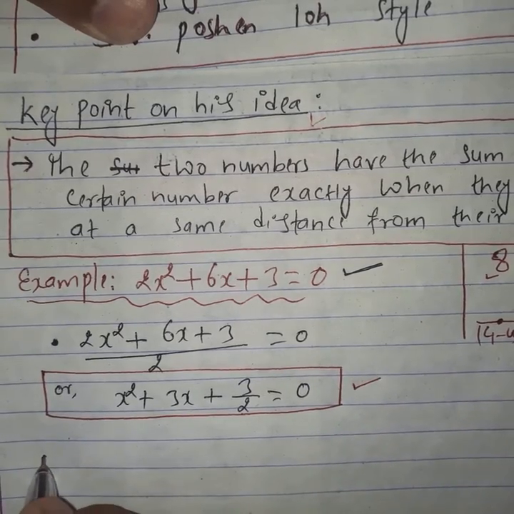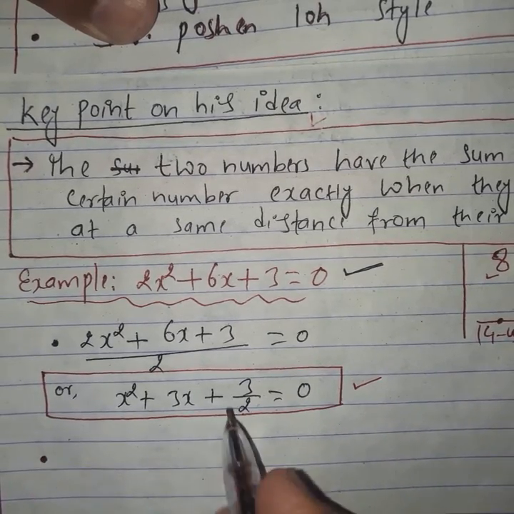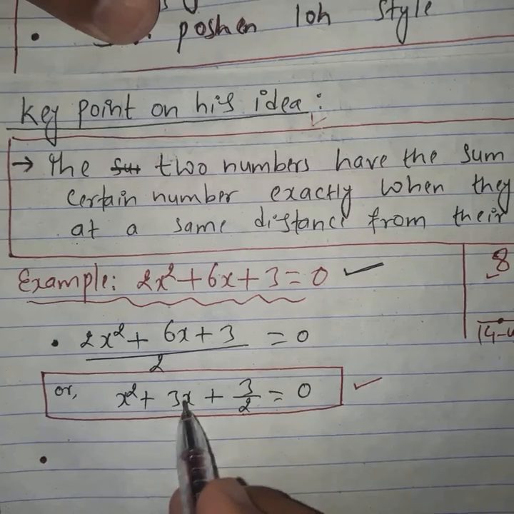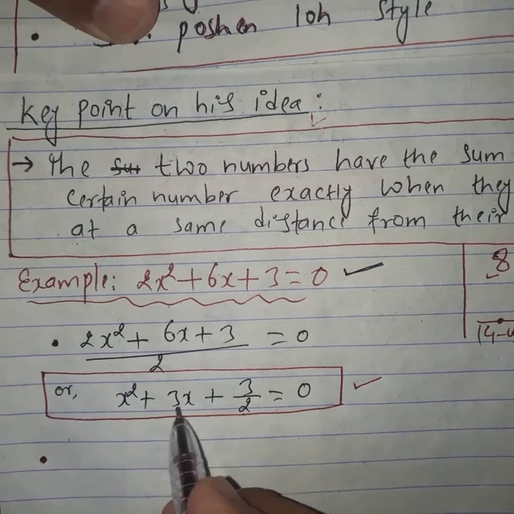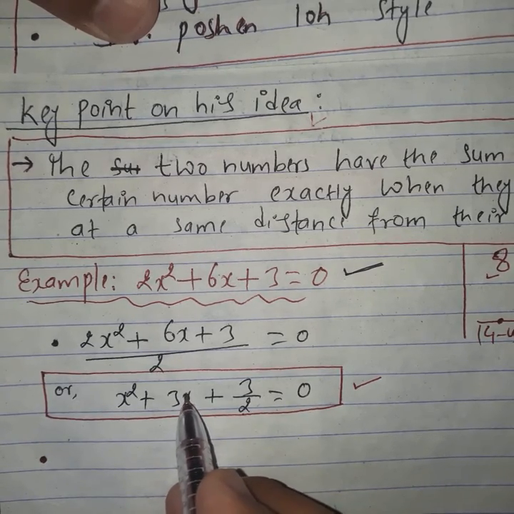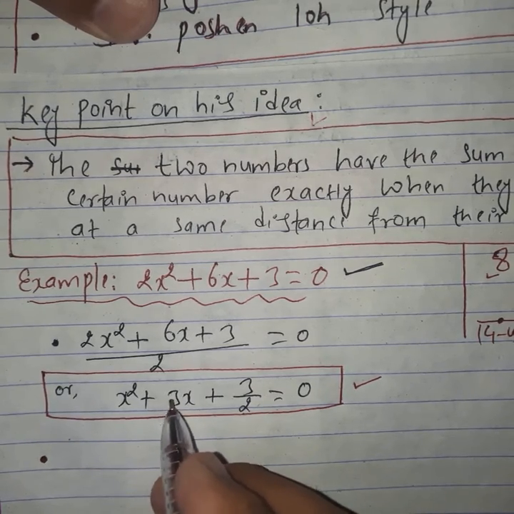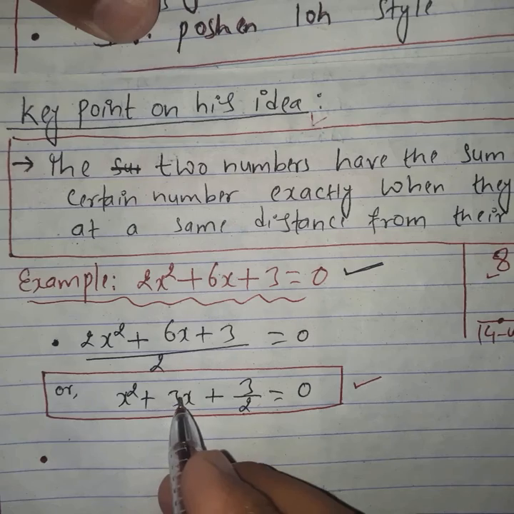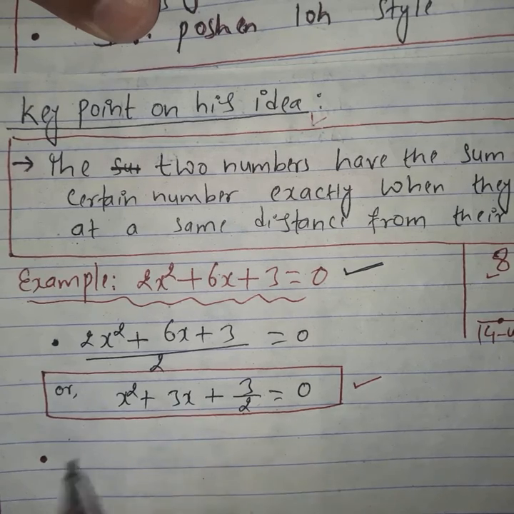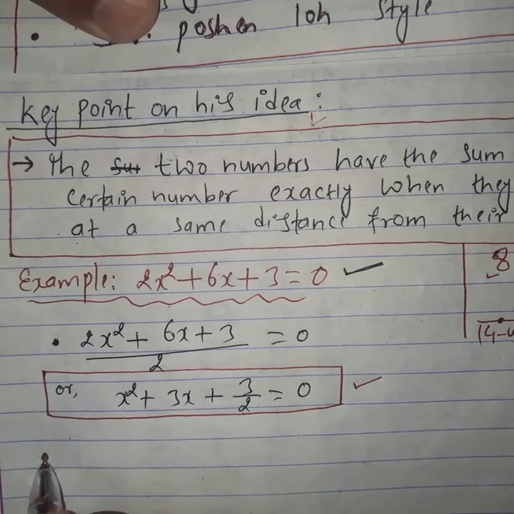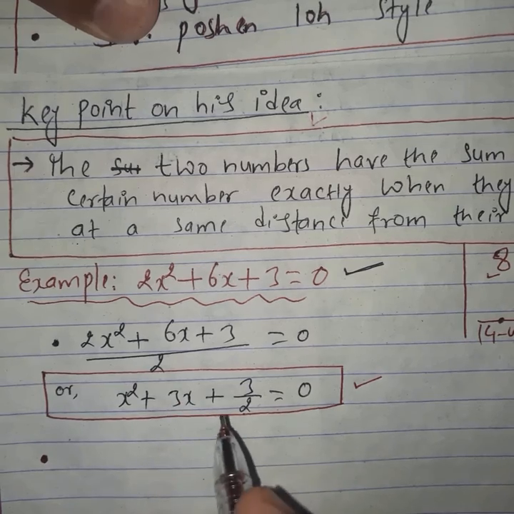And the second step is, let's look at the middle term. Here the coefficient of the middle term is 3. So let's change the sign of the coefficient of the middle term. Here the second step is to change the sign of the coefficient of the middle term.